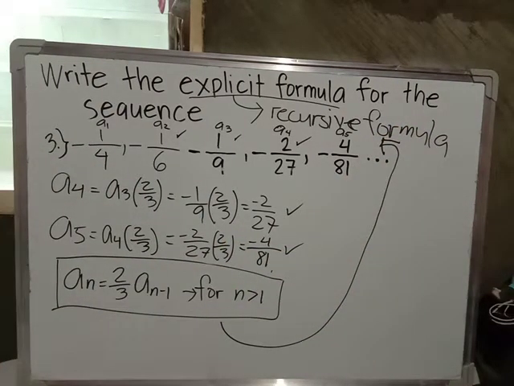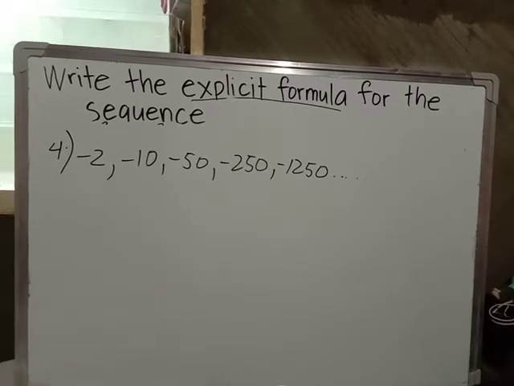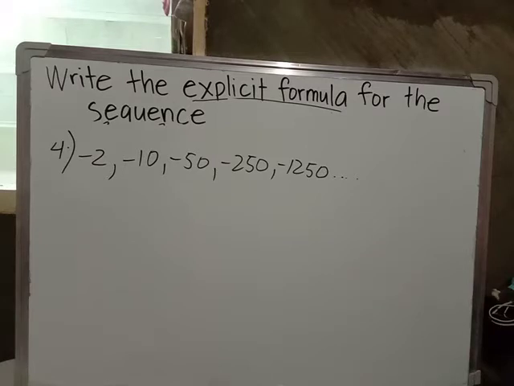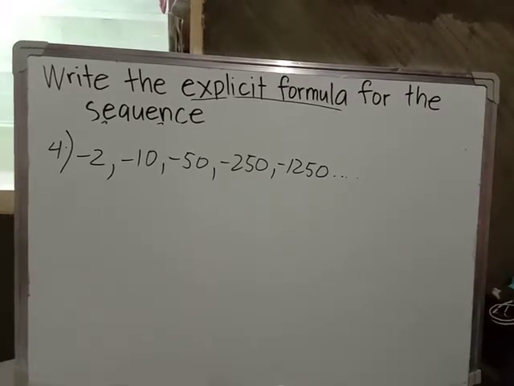Ganyan lang kadali. For example number 4: negative 2, negative 10, negative 50, negative 250, and negative 1,250. So, sa ganyan, wala yung common difference. The difference is not constant. So, parang hindi recursive formula ang mahanap natin, pero hindi naman siya ganun kahaba na formula, so para pa rin siyang explicit formula na rin.